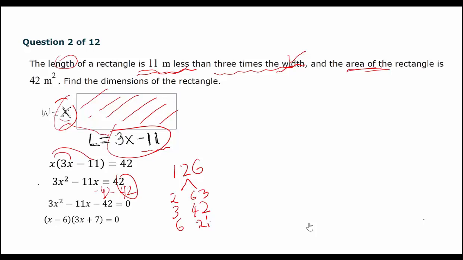If you do the listing this way, then let's see 9. If 9 works, for 126, you are doing 126 divided by 9. So 9 is working. 9 times 14. And we need negative 11.